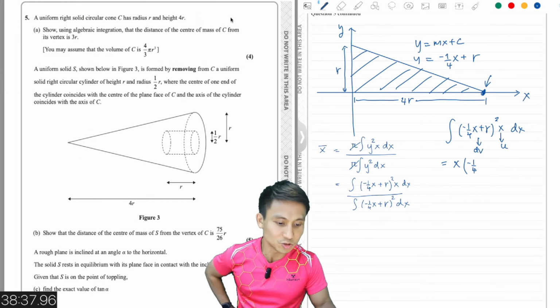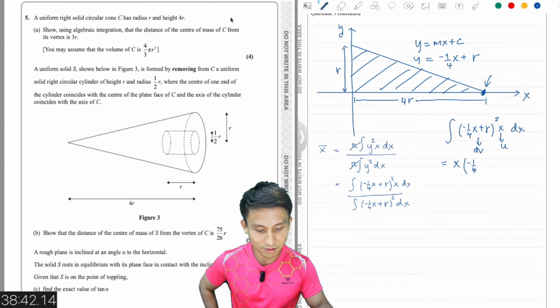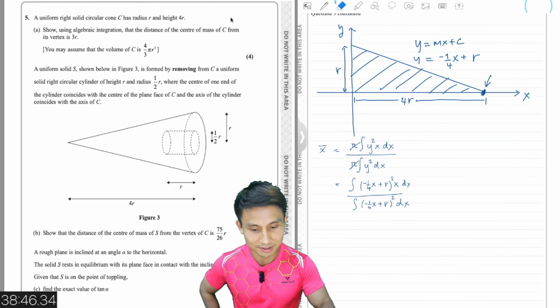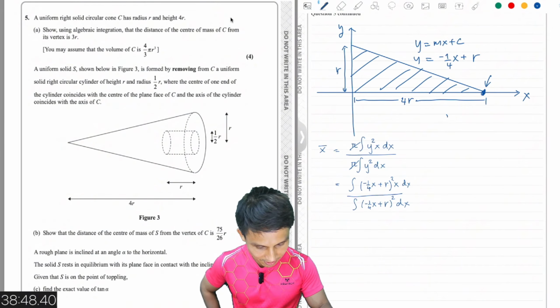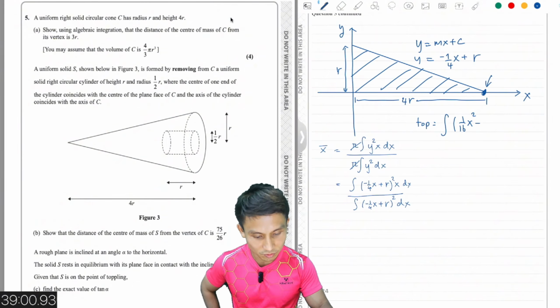I mean, I'm thinking, should we just expand? Might be easier. Or should we keep along with this? Let's see. Maybe I'm going to expand. Okay, let's expand. So that's the integral on top: 1 over 16 x squared plus 2 times the first times the second, so that's minus 2 times the first, which is a half, so it's a half xr, right?